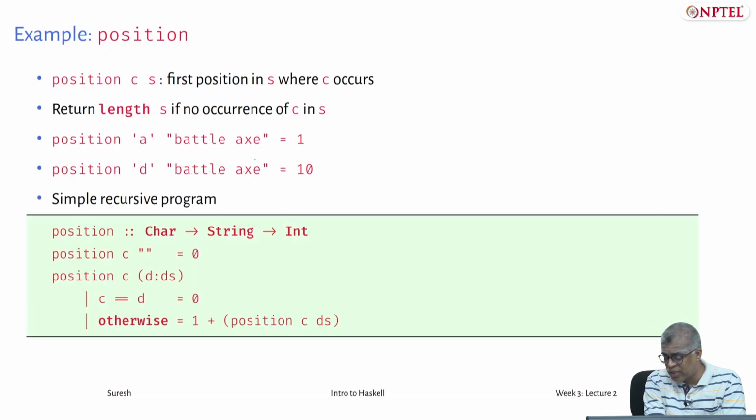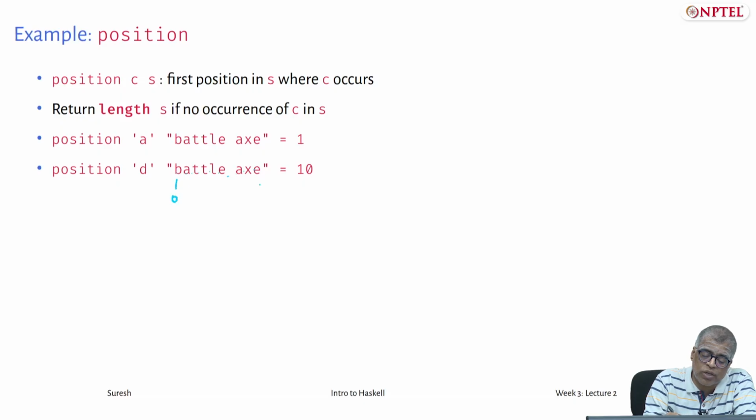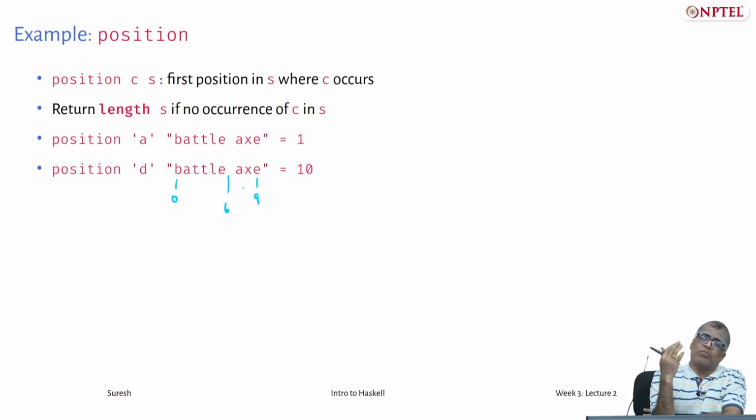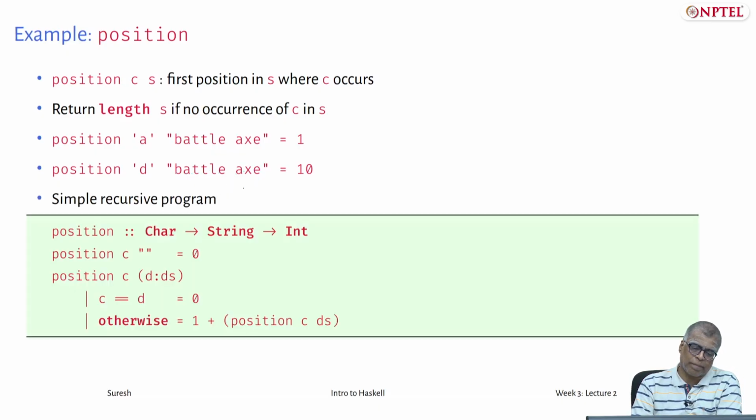So, indices are from 0 to 9, right? This is index 0 and that is index 9. This is index 6. So when you say 10, since there is no index 10 in the string battle axe, you know that d does not occur in that string.